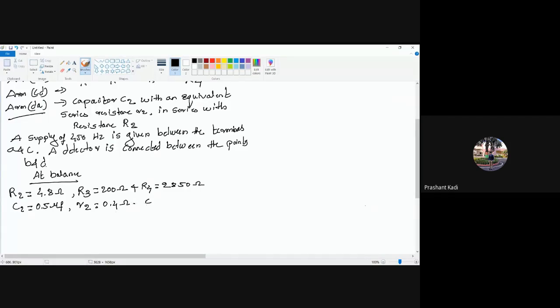Next, calculate the values of C1 and small r1, and also find the dissipation factor.